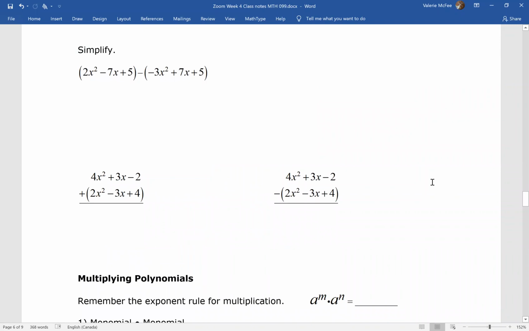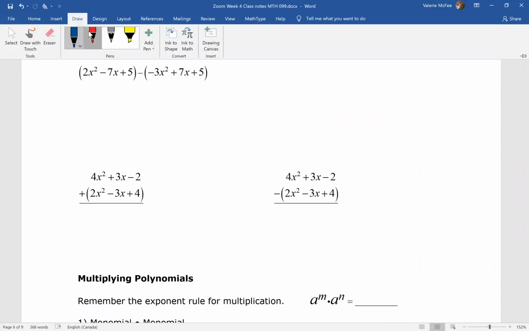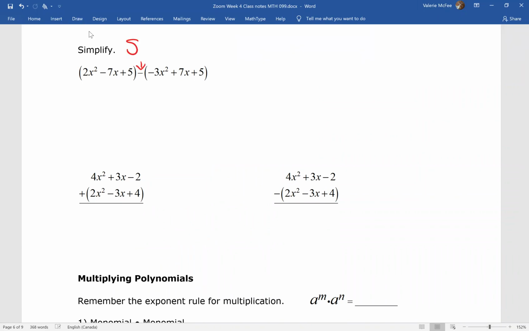This is where it gets a little more interesting when we're subtracting. So of course, on your final exam, even on your tests, I'm going to give you a subtraction question rather than an addition question. When we're subtracting, when we open the brackets, we're going to change the signs in the second bracket.